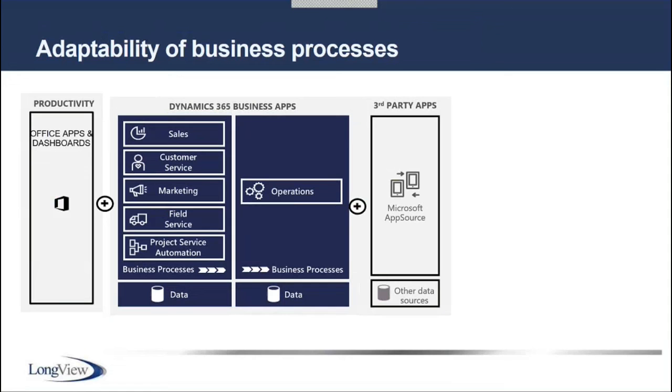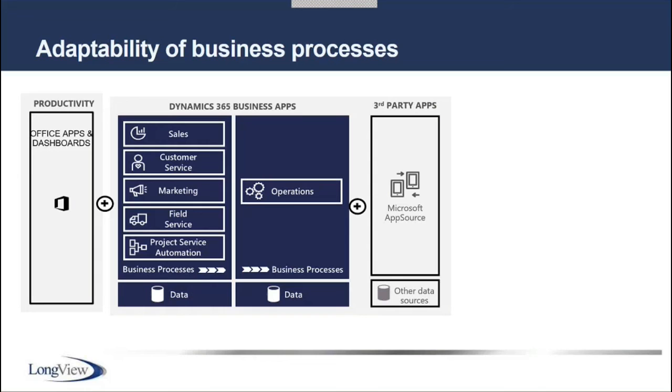And then there's the third-party apps. Microsoft AppSource is a great place to go out and find applications from authorized vendors, third parties, and partners of Microsoft that may provide some functionality you need. There's some really cool free stuff out there too, but don't go bogging down your system with lots of freebie stuff. And then external data sources.